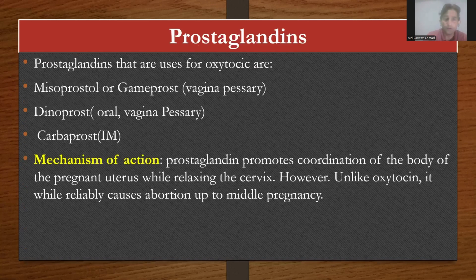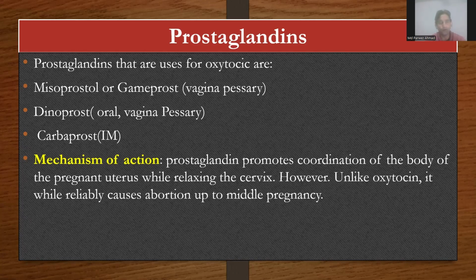Now the last part of the oxytocics is the prostaglandin analogs or derivatives. Many prostaglandin derivatives are used nowadays. The first ones are misoprostol or gemeprost, dinoprost, and carboprost. These drugs are given either orally, intramuscularly, or as pessaries.